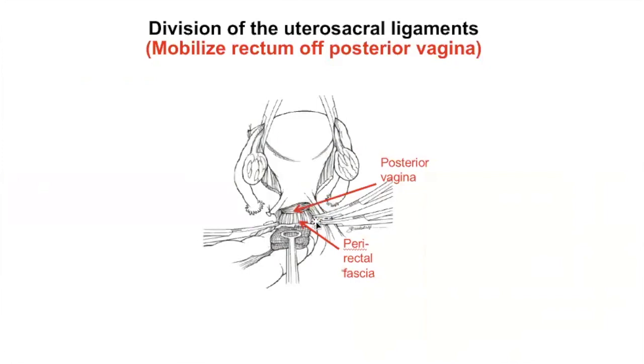Again, this is one of the ligaments that has to be removed in order to remove the uterus, cervix, and vagina, the uterosacral ligaments. We just finished dividing the vesical uterine ligament. Now that's anterior. Now we're posterior, removing, transecting, or dividing the uterosacral ligament.